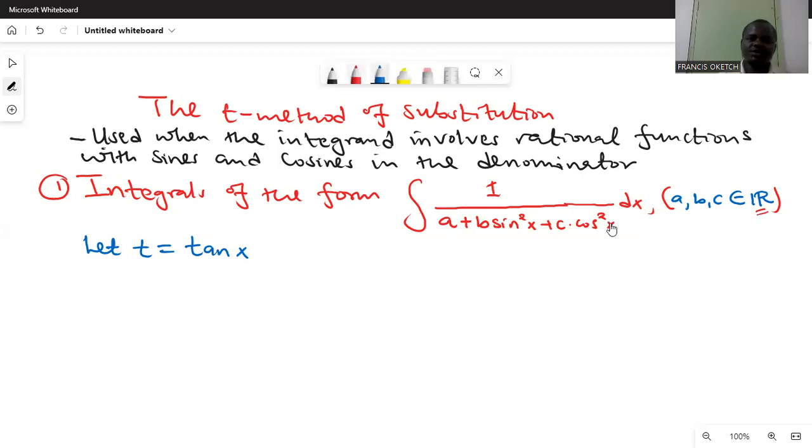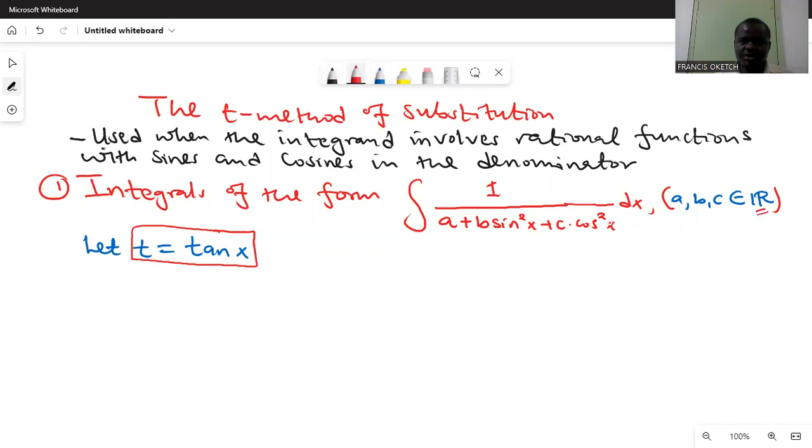So that is the substitution that you need to make when you have such kind of integrals where the denominator consists of maybe a sum of sine squared and cosine squared. Because we'll need to know what is sine squared x and what is cos squared x, given that t is equal to tan x. So we need to differentiate and find the dx.